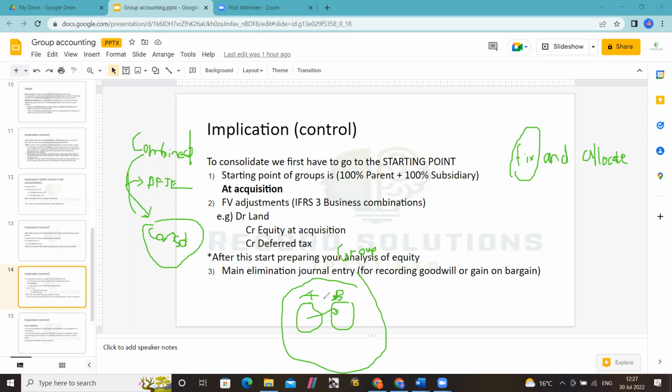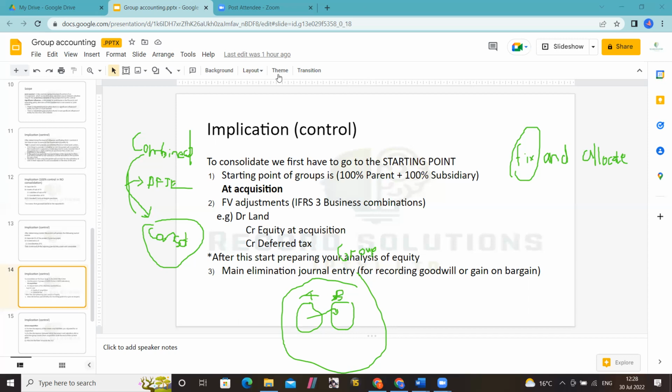Because in the separate financial statements, these two entities are not related. From a separate point of view, they are not related. So A transacts with B. Let's say it sells inventory to B. It'll record that sale, then B will record that purchase.